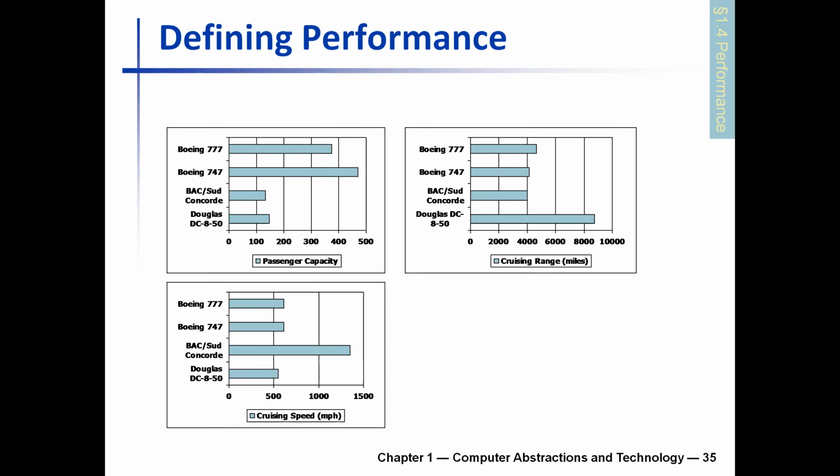But say, if our concern is about going the longest distance in one flight without thinking about how many people we can fit into the plane, or how fast we can go, if those things are not concerns, then cruising range is a good enough definition. So it depends. The proper definition for performance depends on what we need from the system.